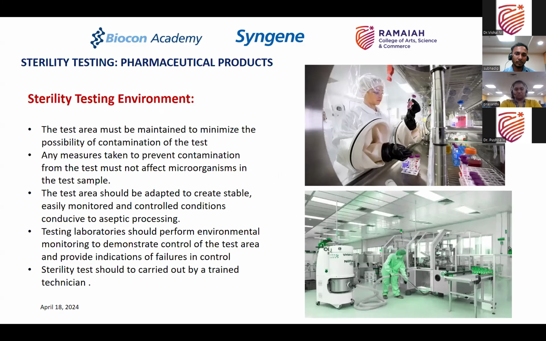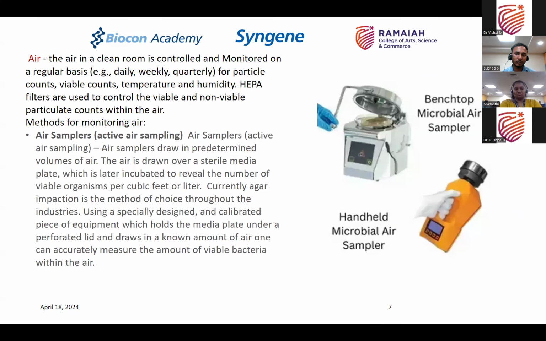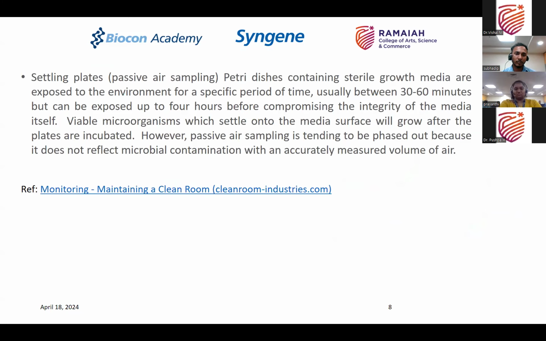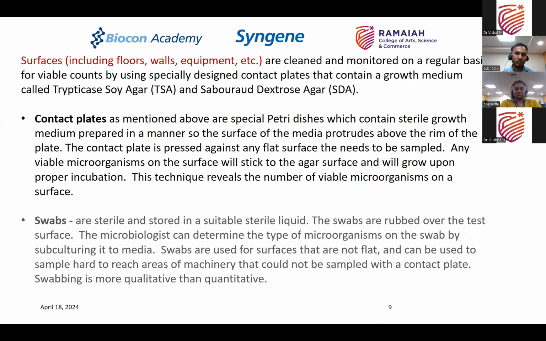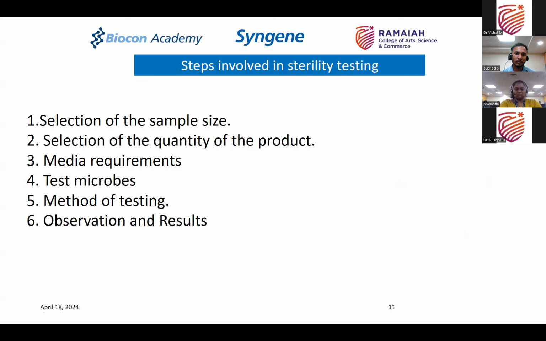For that reason, the environment has to be monitored: we have to monitor the personnel, the air, and the surface of the area where we are working. And these are the pharmaceutical products we can analyze. And how do we analyze? What are the different steps involved?